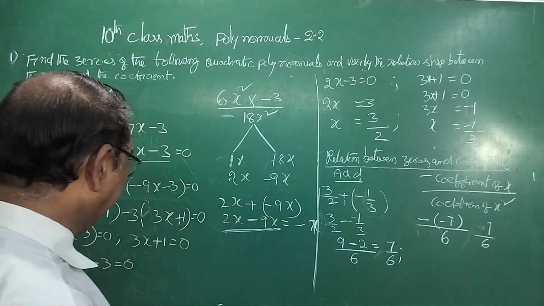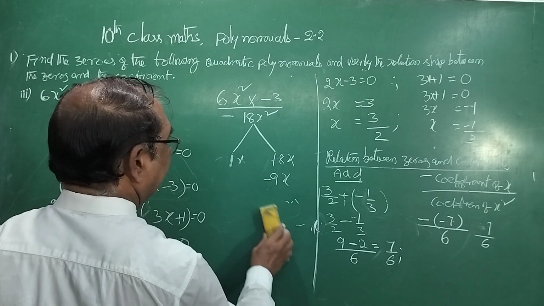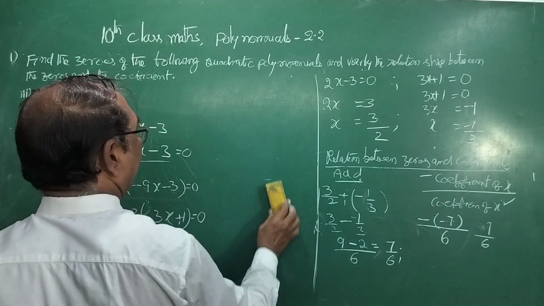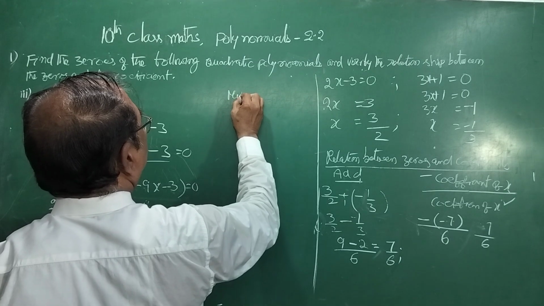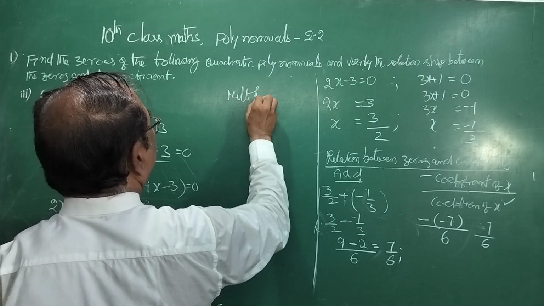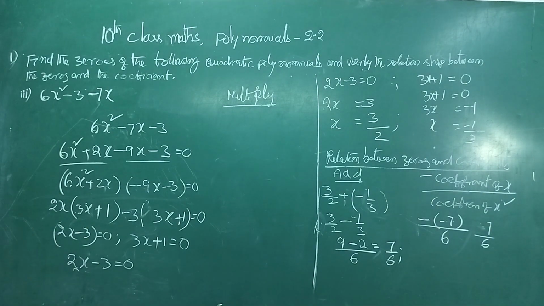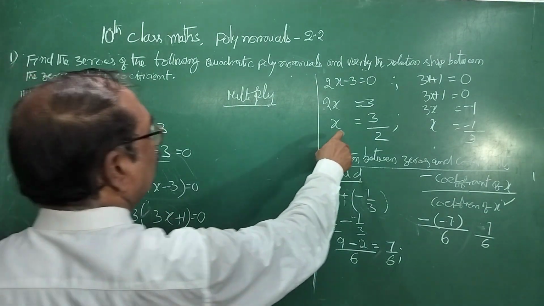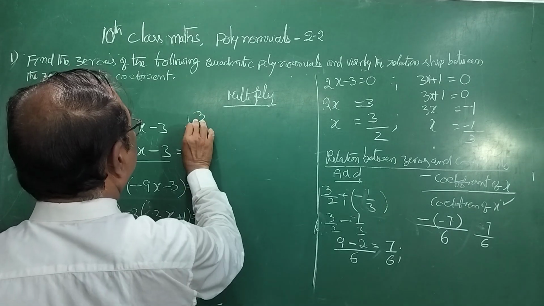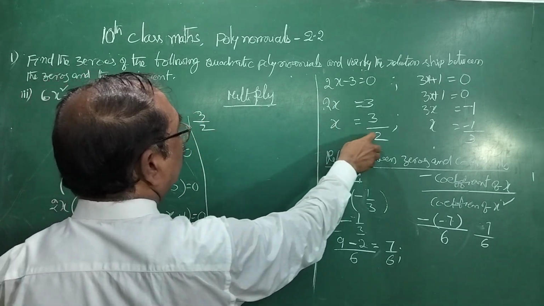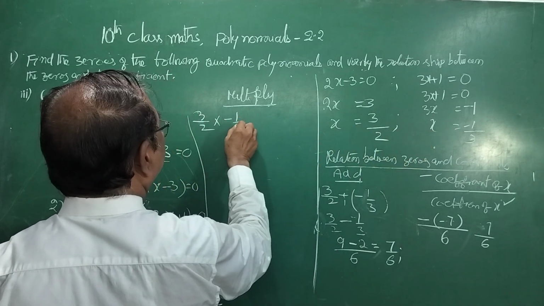Now let us see when we multiply the two zeros. What are the two zeros? 3 by 2 and minus 1 by 3.